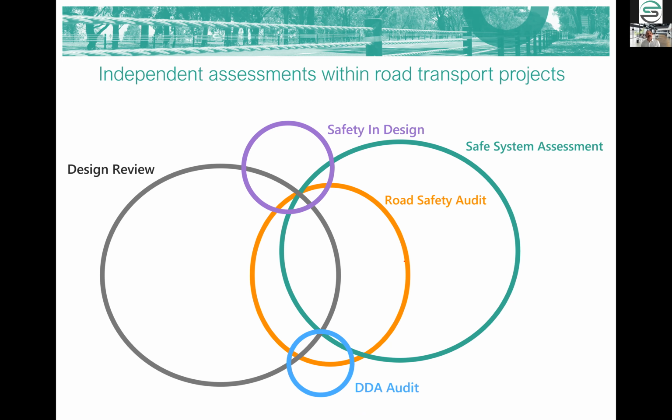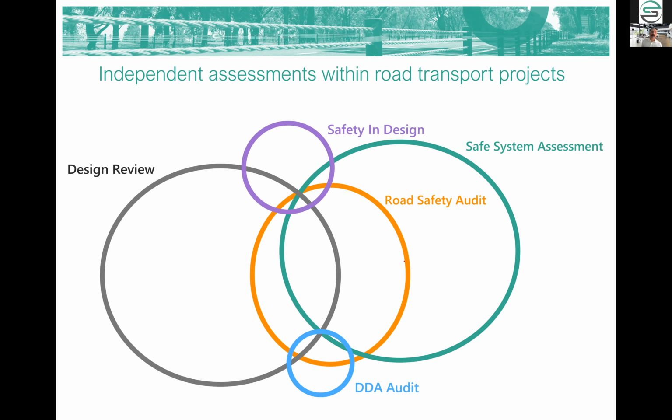And then finally, there's DDA compliance, or the Disability Discrimination Act, the review of whether this facility can be used by everybody in our community, whatever ability they have. So even vision impaired people and people in wheelchairs: can they use whatever this future facility is? So you can see there's a bit of overlap in all of these. There are lots of independent assessments and reviews going on.